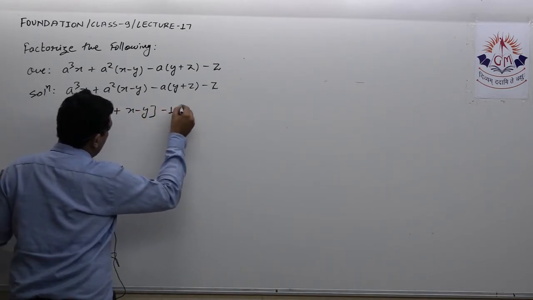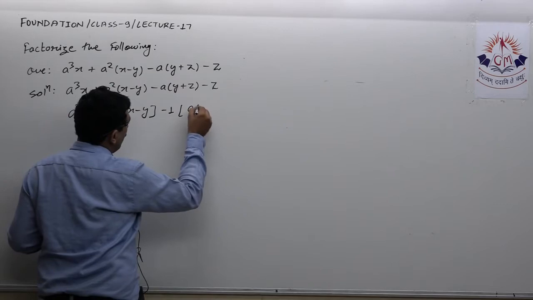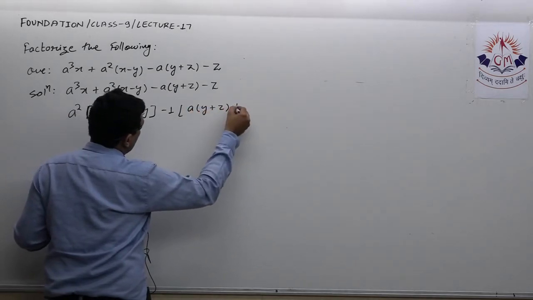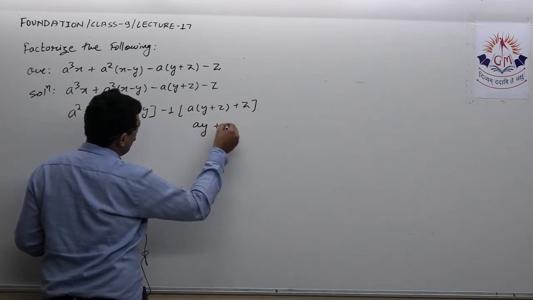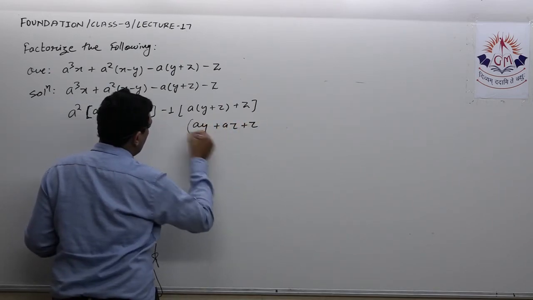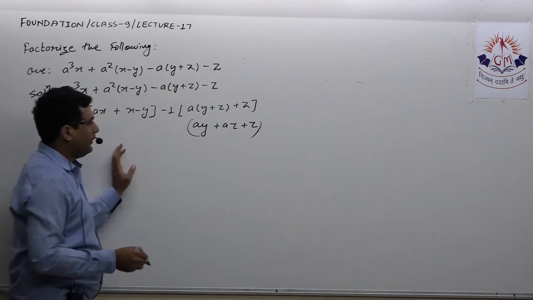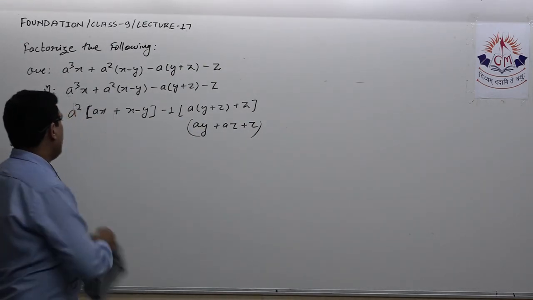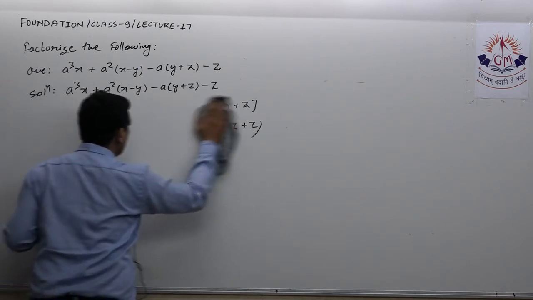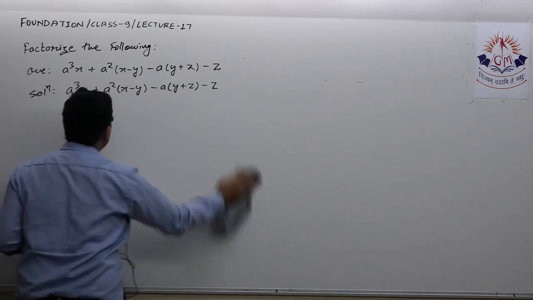Now if I take minus 1 common, I get a(y plus z) plus z. That means I will get ay plus az plus z. Now these two quantities are not the same, so it is not possible to factorize it further. That means if I take common from the first two and the next two, it is not possible to factorize it further.